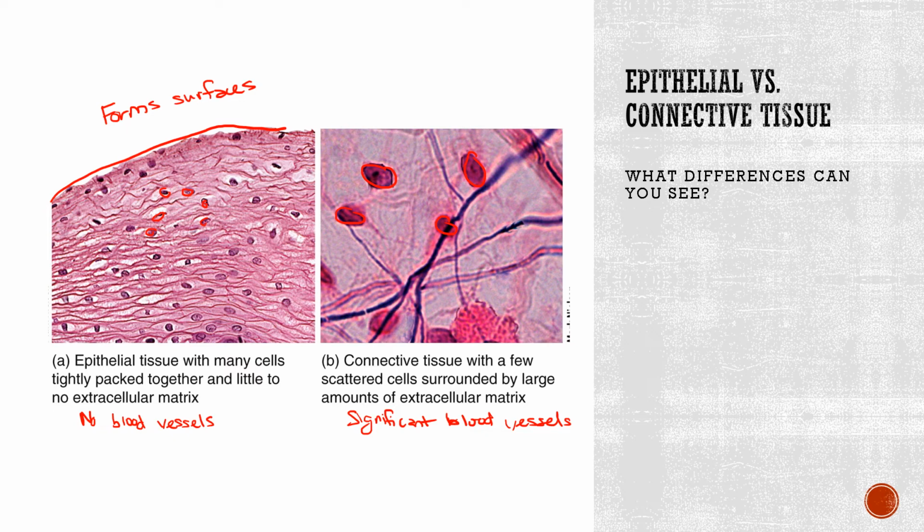So since there are not many blood vessels and epithelial tissues form surfaces, it's always found immediately adjacent to very blood vessel rich connective tissue, and this allows epithelial tissue to make the exchanges necessary with blood in order to deliver oxygen and nutrients and also remove wastes. These are all very critical processes for survival and functioning of tissues.